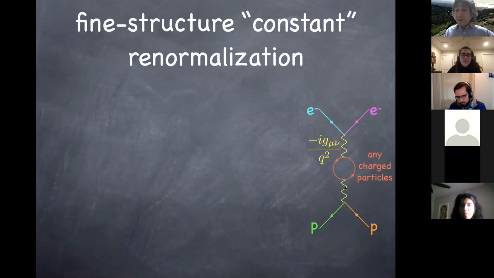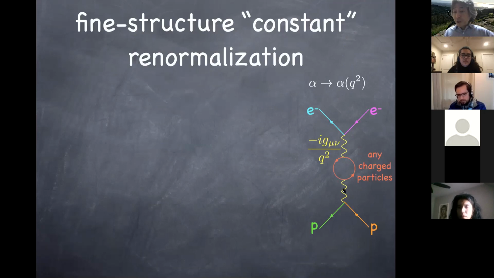And the last example we're going to talk about is, again, a higher order diagram in electron-proton scattering. This higher order diagram would basically make the fine structure constant not a constant anymore, but it changes as a function of the momentum transfer. So the strength of electromagnetism is measured at zero momentum in the quantum Hall effect, for example.